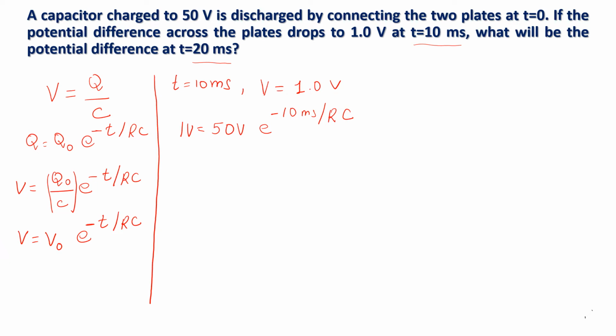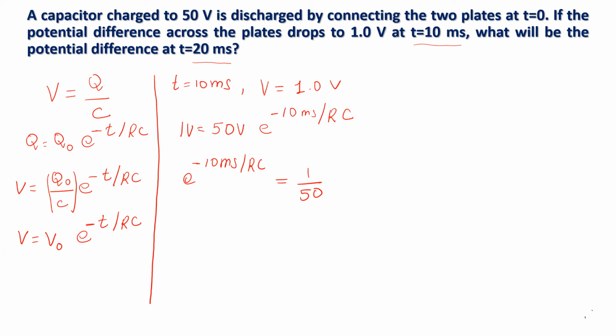Rearranging this equation, e power minus 10 millisecond by RC is nothing but 1 by 50. Keep this one for solving the second part.